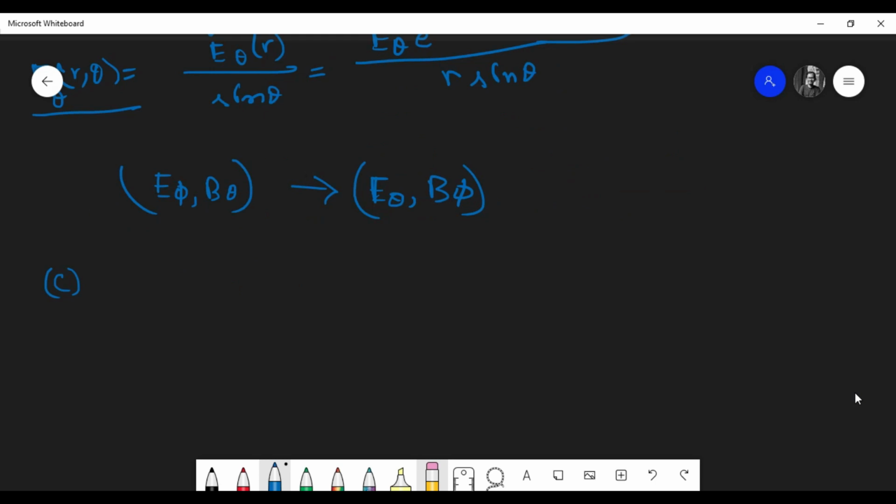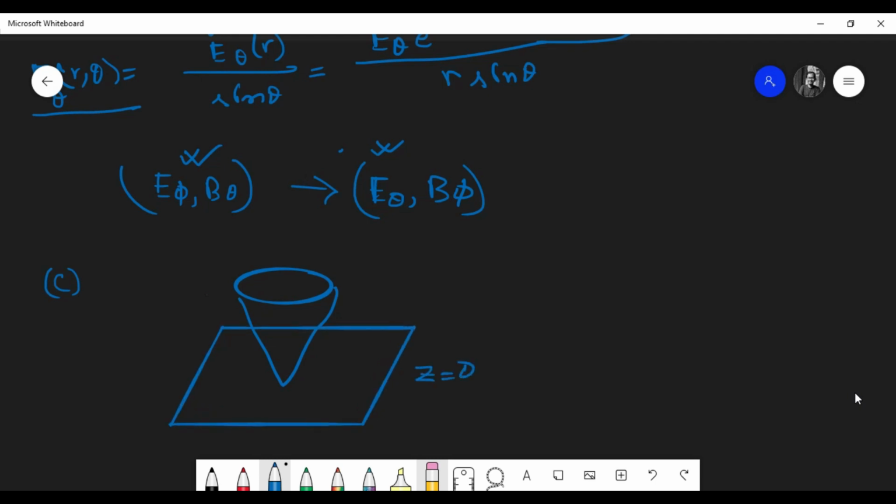In part C, the book tells us to show that only one type of solution that we have found here is actually a possible solution in the scenario we have here, where a cone is situated above the z equals 0 plane, and the wave is inside this cone.